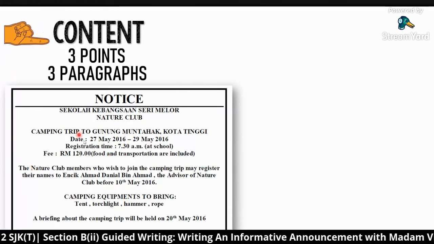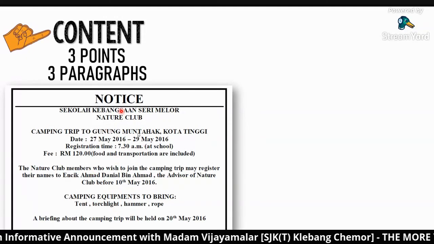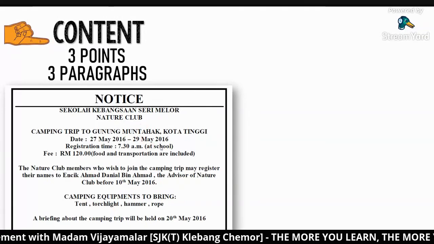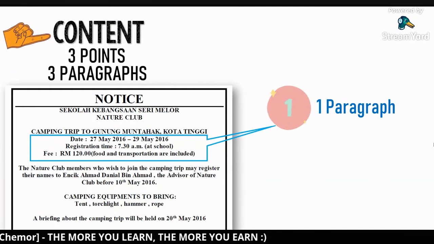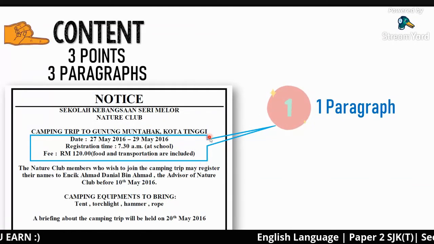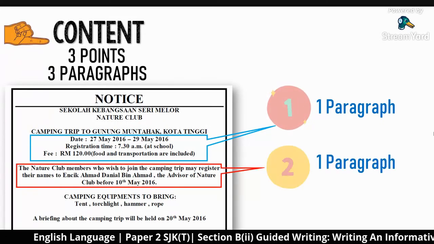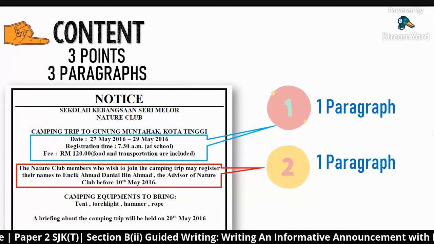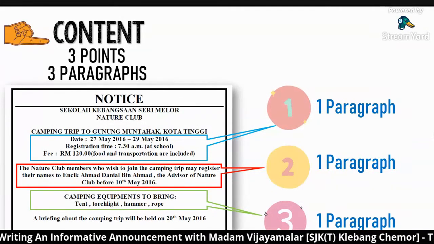Okay, as you can see, there is a lot of information going on here. Okay, there's a lot of things for you to say. Okay, so I have chosen this for paragraph 1. Okay, for content 1. Okay, so this will be in content 1. This one will be in content 2. And this one will be in content 3.